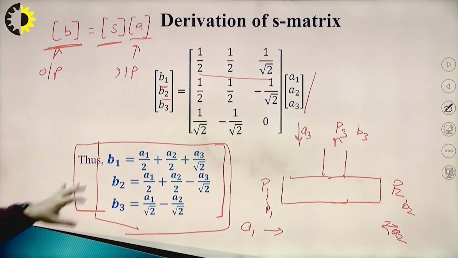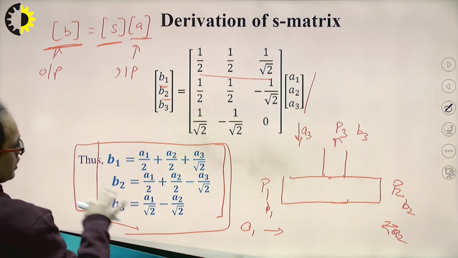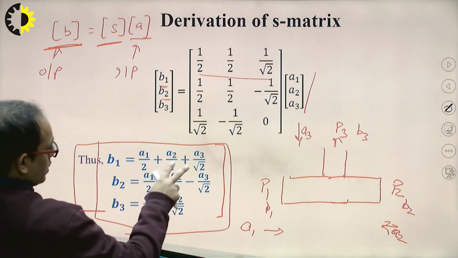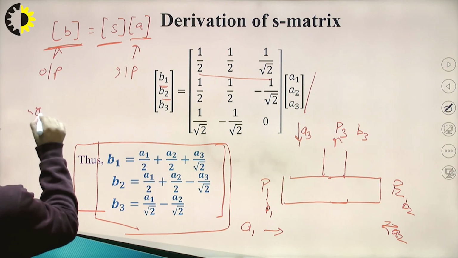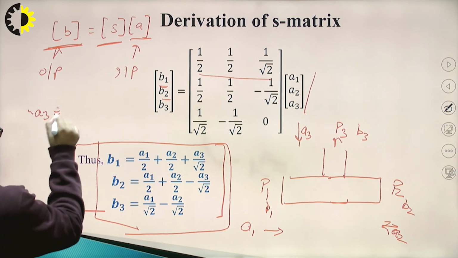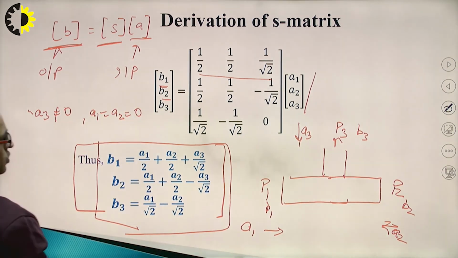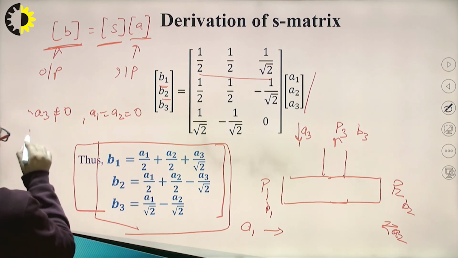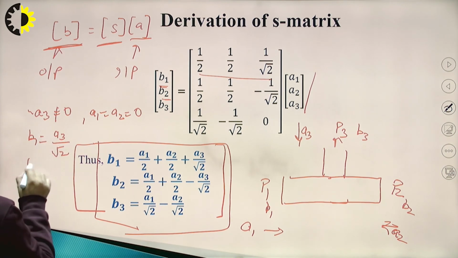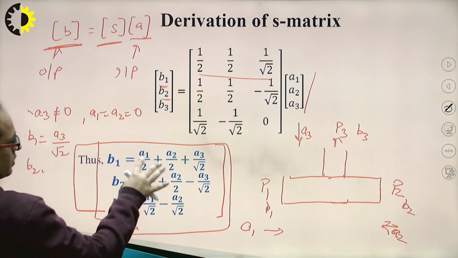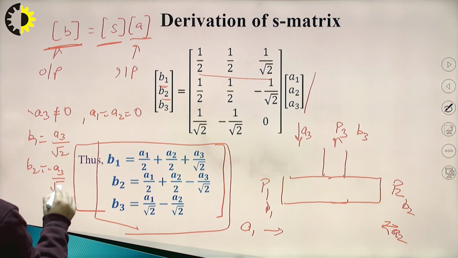Clear? From these two equations you can conclude that if I am giving input A3 not equal to 0 and A1, A2 both equal to 0, you will see that B1 will be equal to A3 divided by root 2, and output at B2 will be minus A3 by root 2.